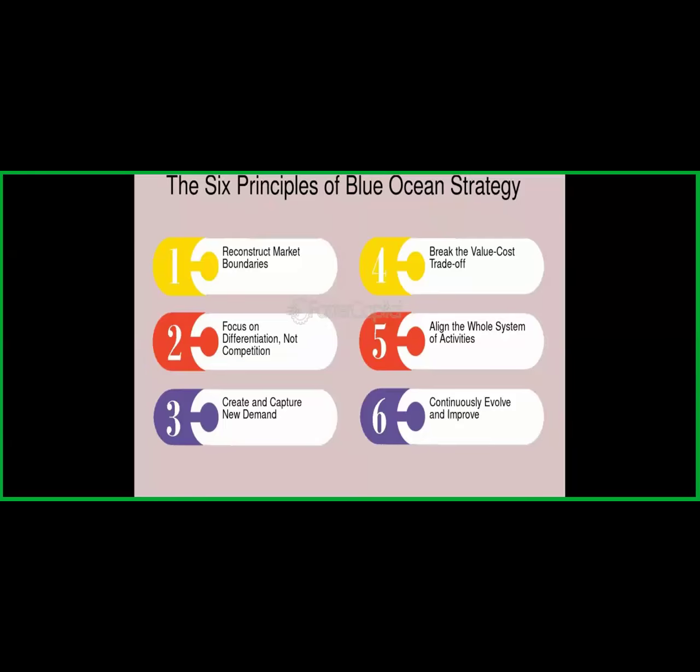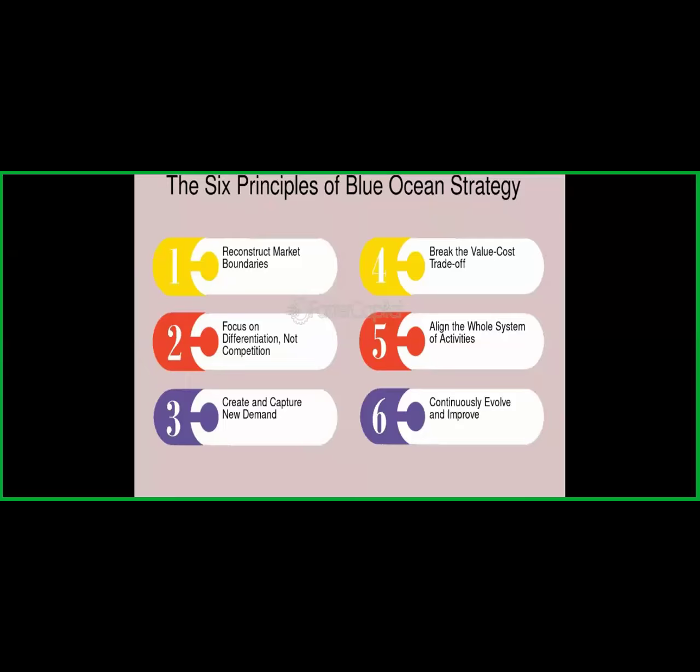Next one is align the whole system of activity. Whatever activities and processes are there, all those processes are to be aligned from top to bottom. And the last one is continuously evolve and improve, which we had already discussed. You have come up with a new idea, you have started experimenting, you have implemented it, and that idea is giving you good results.